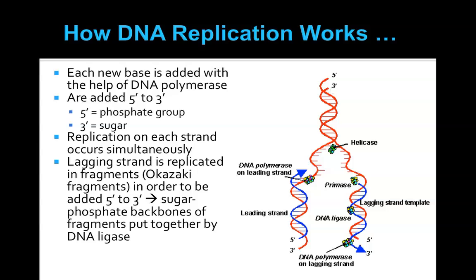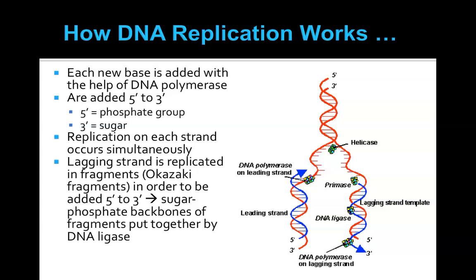And if we look at this DNA molecule, these strands run what we call anti-parallel to each other. So one strand goes from 5', so a free phosphate, all the way down to a 3' with a free sugar. The opposite strand runs from 3', so the free sugar, all the way down to the 5' with the free phosphate.